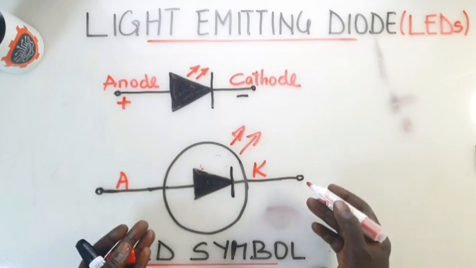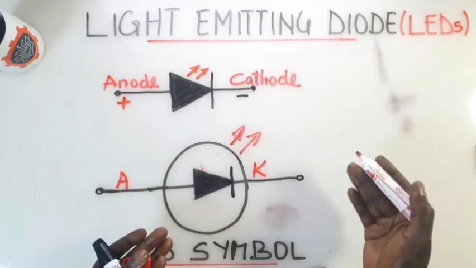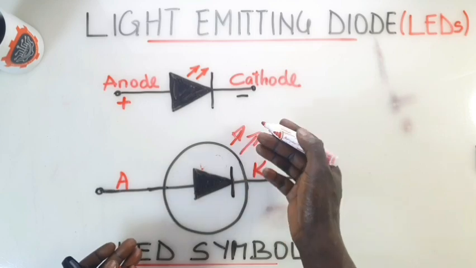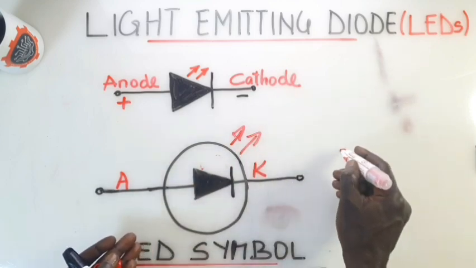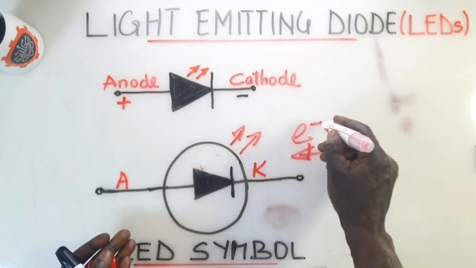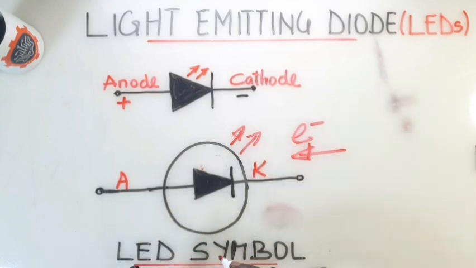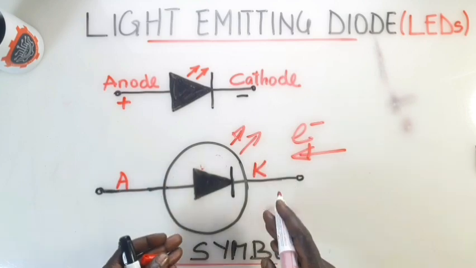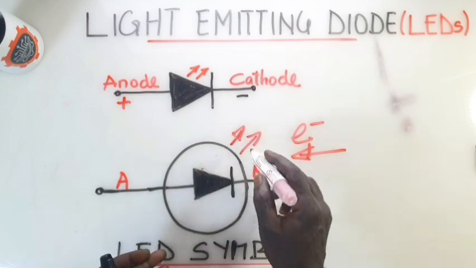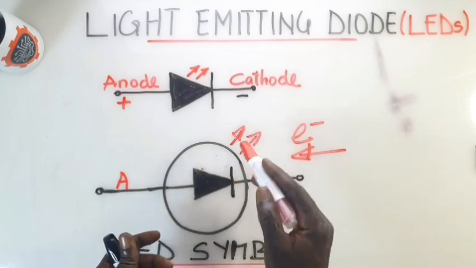Since we know electrons flow from negative to positive, the direction of this arrow will always be against the direction of electrons. So whenever you draw this symbol, you must always respect this sign.